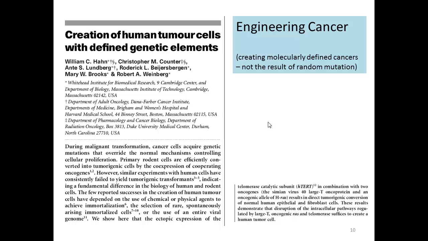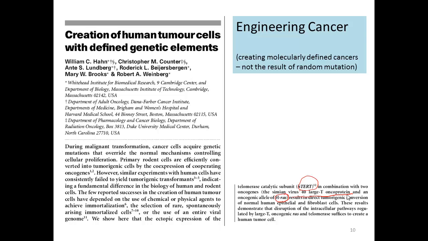These scientists took normal primary cells and introduced 3 new proteins and found that the resulting cells behaved exactly like tumors. The 3 proteins they included were telomerase, RAS, and a viral protein called SV40 large T oncoprotein.